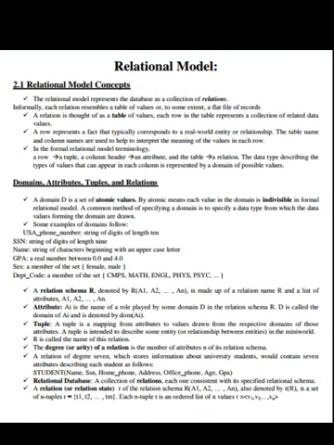Attribute Ai is the name of the role played by some domain D in the relation schema R. D is called the domain of Ai and is denoted by dom(Ai). Tuple. A tuple is a mapping from attributes to values drawn from the respective domains of those attributes. A tuple is intended to describe some entity or relationship between entities in the mini world. R is called the name of this relation.